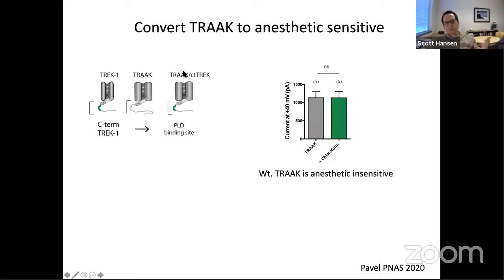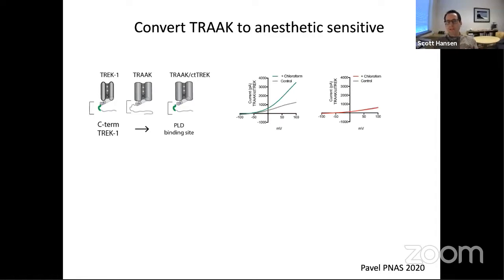Would this convert TRAC into an anesthetic sensitive channel? And surprisingly, it robustly does. And now when we add chloroform, 1 millimolar, the same as TREC, we see almost more robust activation than we saw with TREC. And of course, it's PLD sensitive. So if you take out the PLD, it no longer activates.